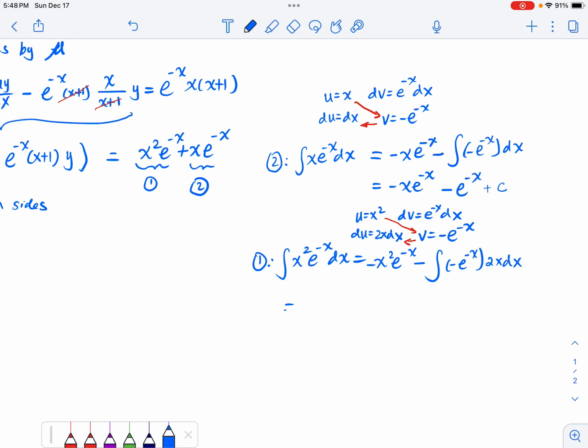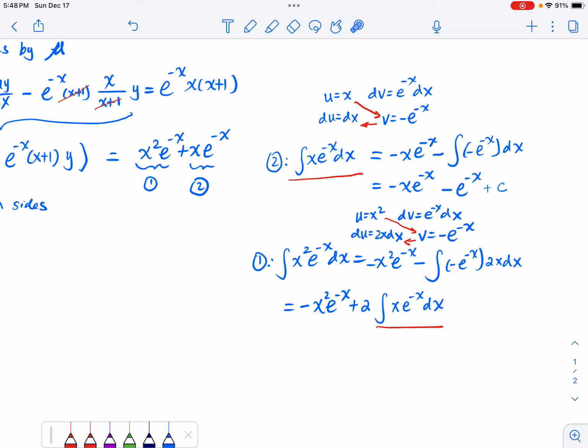So let's rewrite it, negative x squared e to the negative x. So there's two negative signs. It becomes positive sign. I'm going to take out the 2, move out the 2 to the integral. So it becomes plus 2 times x e to the negative x dx after I rearrange. I hope that you recognize this is exactly the same as this guy.